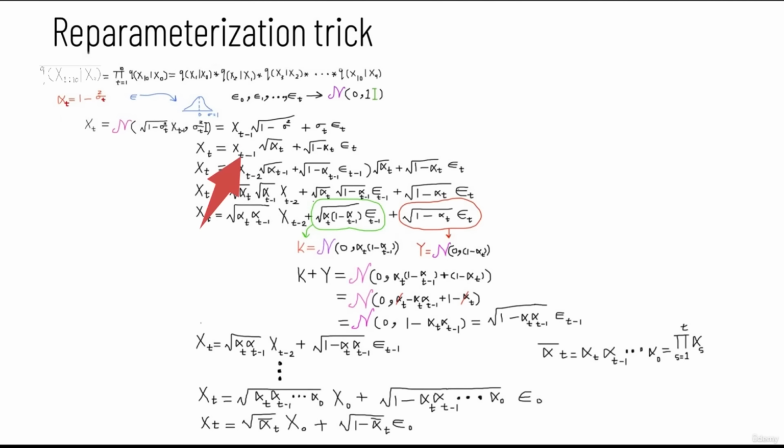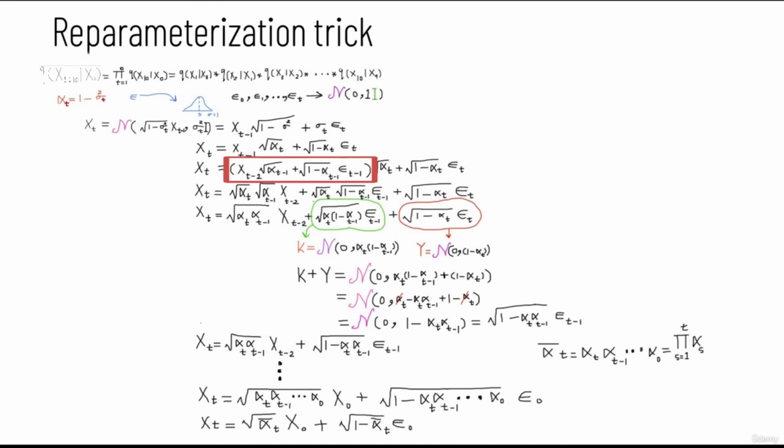Now we can do the same thing for xt minus 1. It is also a Gaussian distribution. The mean of this Gaussian distribution is xt minus 2 times the square root of alpha t minus 1 plus the square root of 1 minus alpha t minus 1 times epsilon t minus 1, which represents the noise that we took from the standard Gaussian distribution at time step t minus 1.